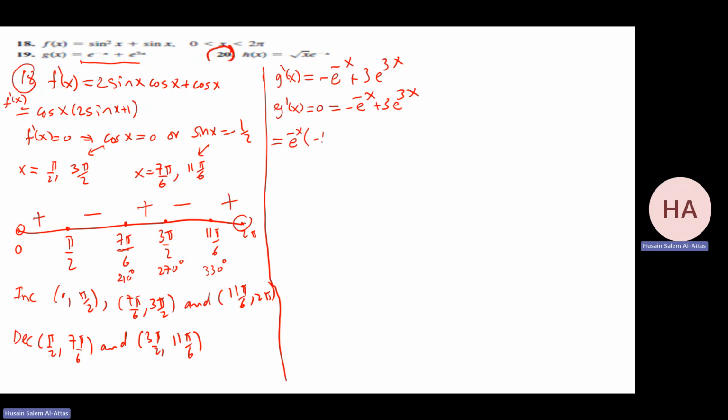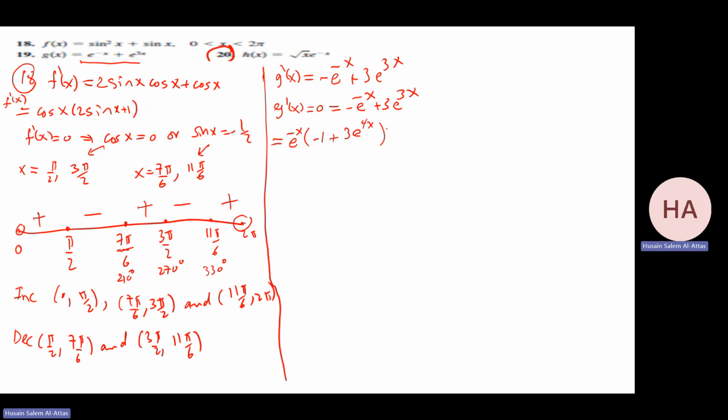I have minus 1 plus 3 e to the power of what? I take e to the minus x, e to the power 4x. Correct? Multiply that, minus e to the minus x plus 3 e to the power 3x.